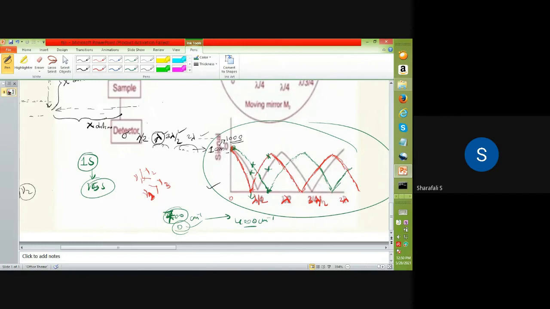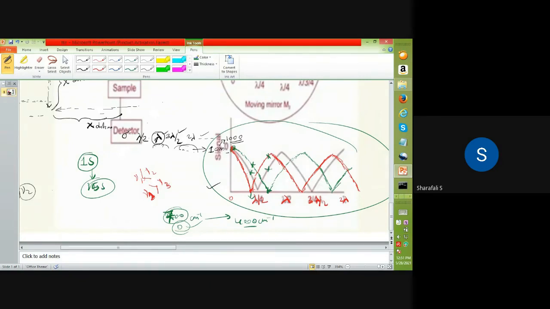But in the conventional case, if you are drawing by using the prism and the grating, by using a conventional IR spectrometer without the Fourier transform technique, it will take a few minutes, some 10 to 15 minutes. But in FTIR, it will take 1 second.